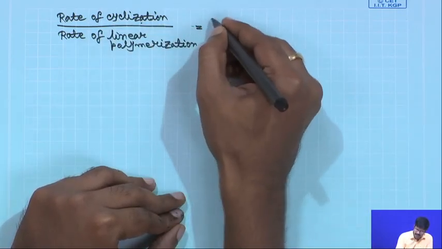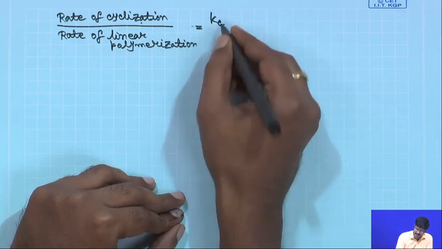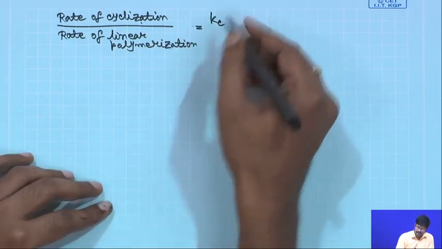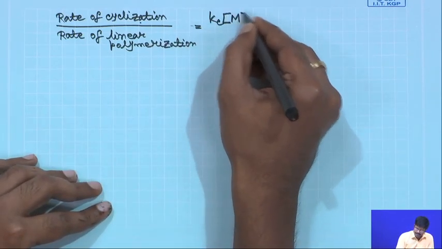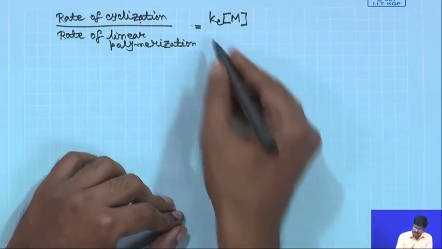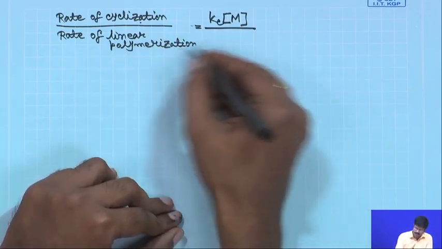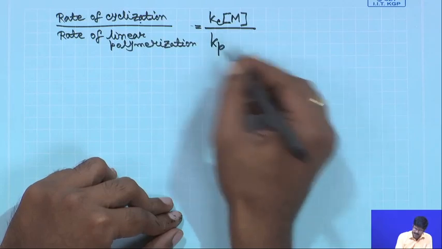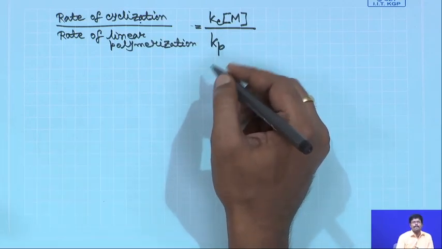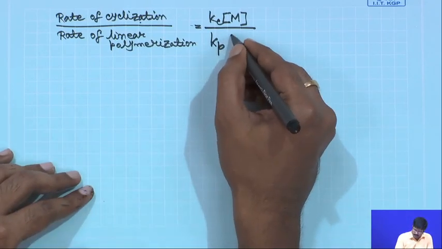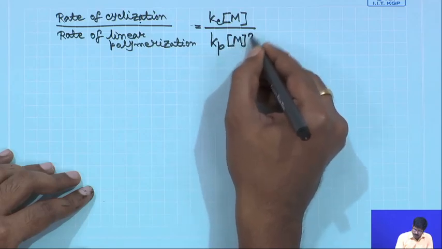The rate of cyclization, let us say the rate constant is Kc, C stands for cyclization, into M, where M is the concentration of monomer, divided by the rate of linear polymerization, let us say Kp is the rate constant for linear polymerization, into M square.